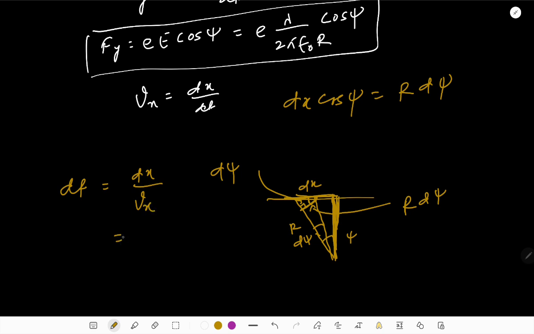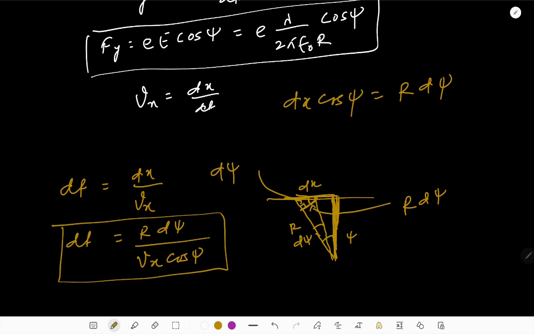So now dx I can write as r d psi upon cos psi, and Vx will be here. So dt I should write like this.